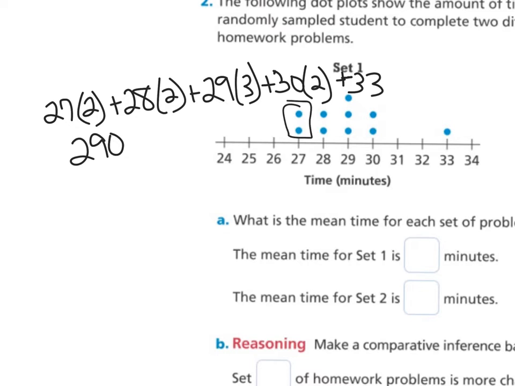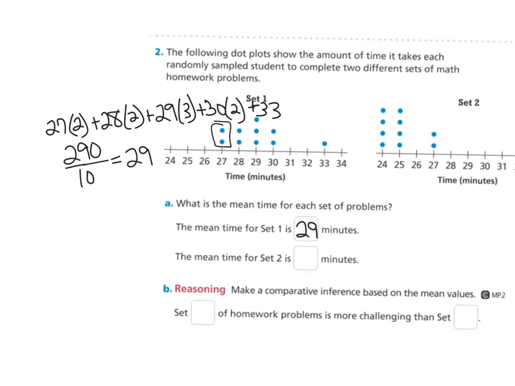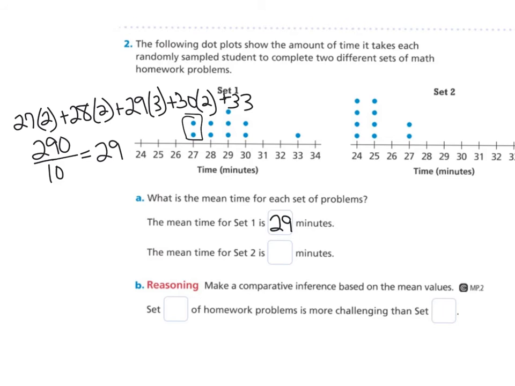And on this one we have 10 numbers, or 10 dots. So we would take the 290 divided by 10, which is 29. So the mean time for set 1 is 29 minutes. In other words, on average, it took students 29 minutes to complete set 1.